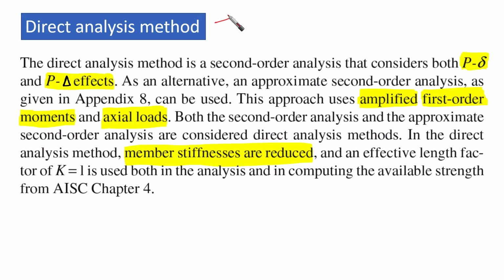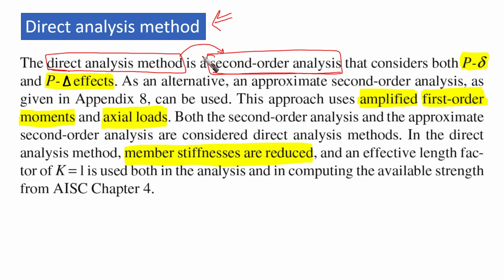As I said, I'm going to give only highlights, because the explanation of each method is not covered by the scope of this course, but I think this is enough for us to understand the main idea of each analysis method. The direct analysis method is a second order analysis. So the term direct analysis method in AISC means second order.